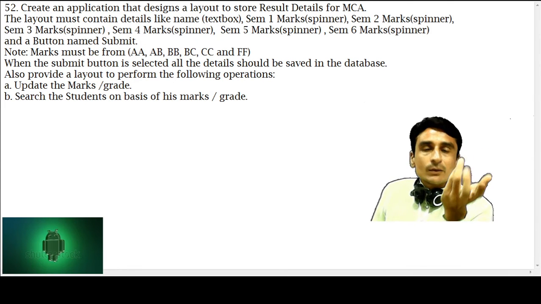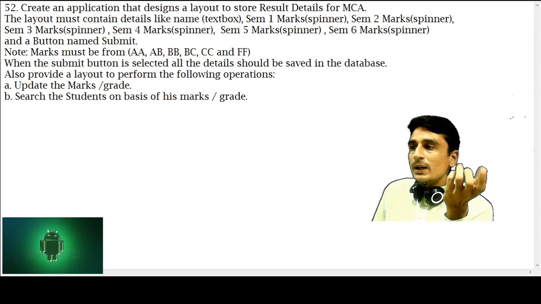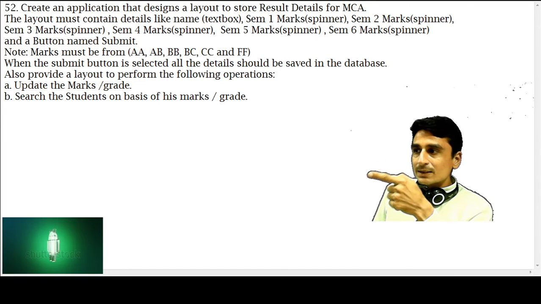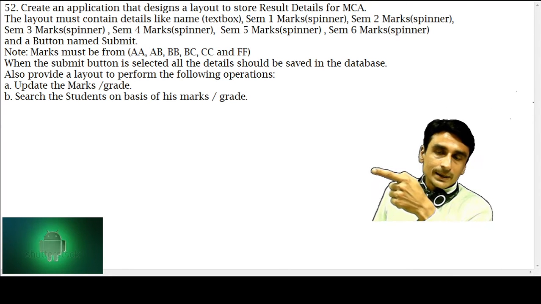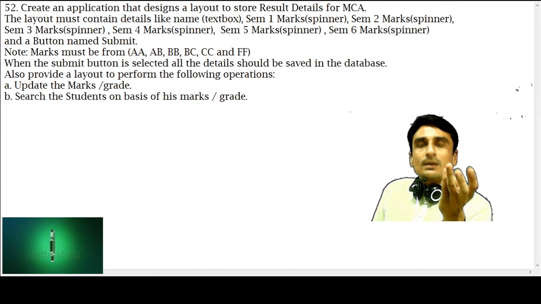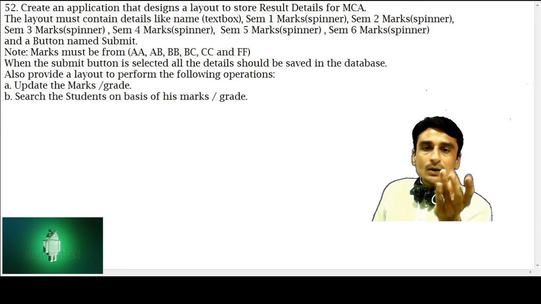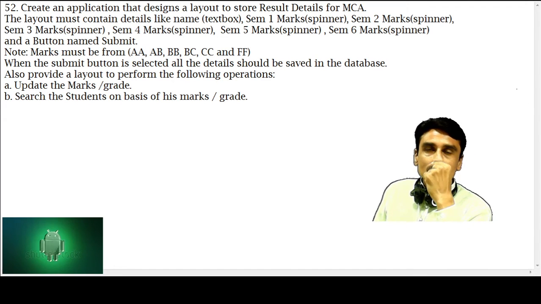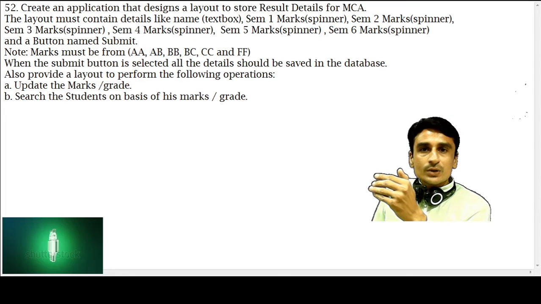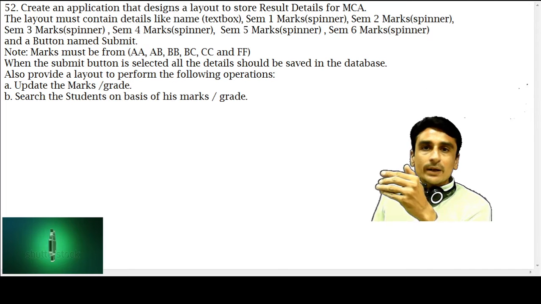So if the client wants to update a record, only his grades, here it is asked that update the marks or grade. So the roll number, that is the enrollment number, and name are not supposed to be updated. Only the grades or marks of a particular student should be updated. So we can use the same layout which we used while inserting the record.